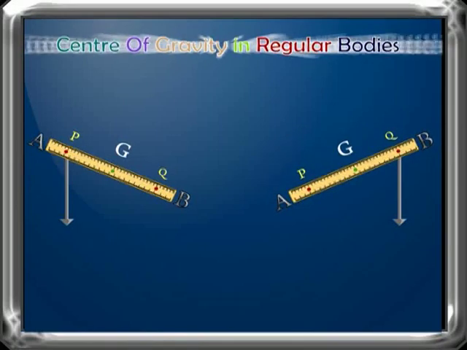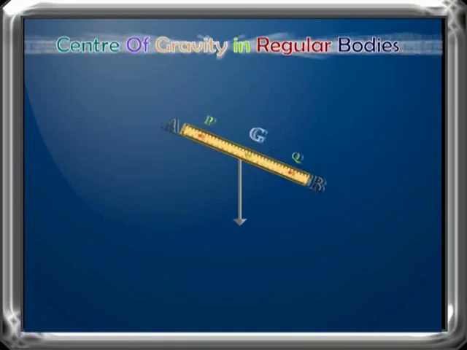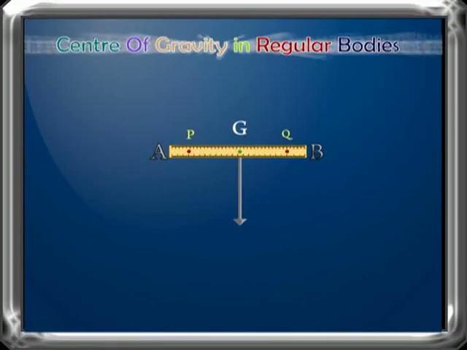But if you suspend the scale at the midpoint G, it remains horizontal and stable. This geometric midpoint G is the center of gravity of the scale. For a body of uniform density and regular shape, the G coincides with the geometric center.